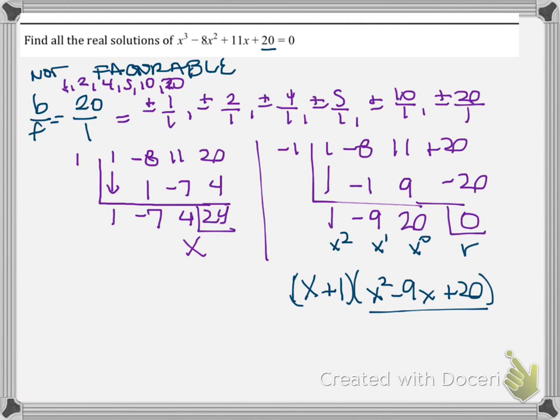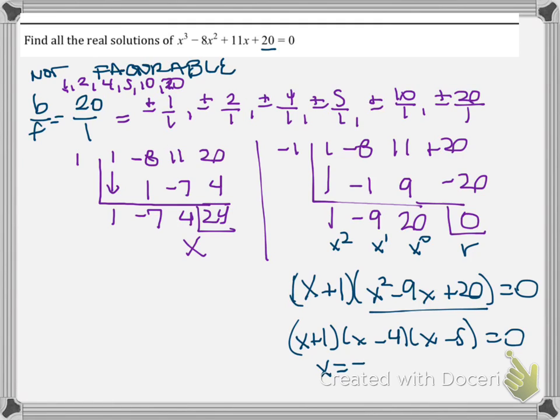Yes, this is factorable. So x plus 1, and this is x minus 4 times x minus 5 equals 0, right? We're trying to solve. So x equals -1, 4, and positive 5. These are the solutions of this polynomial equation.